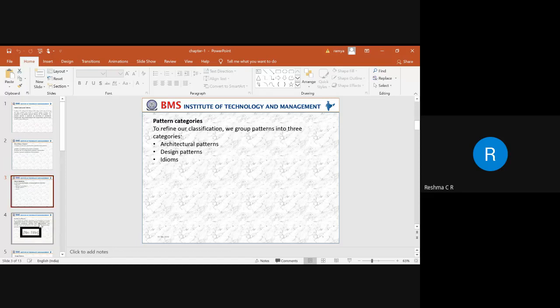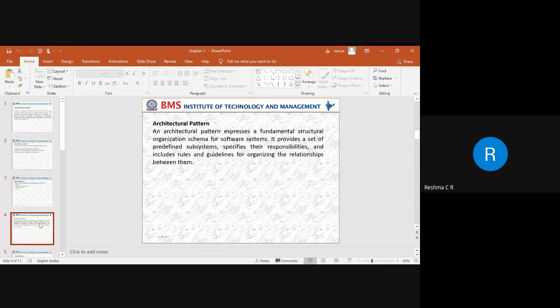So an architectural pattern expresses the fundamental structural organization or schema for a software system. That means we are trying to identify the entire complex system.